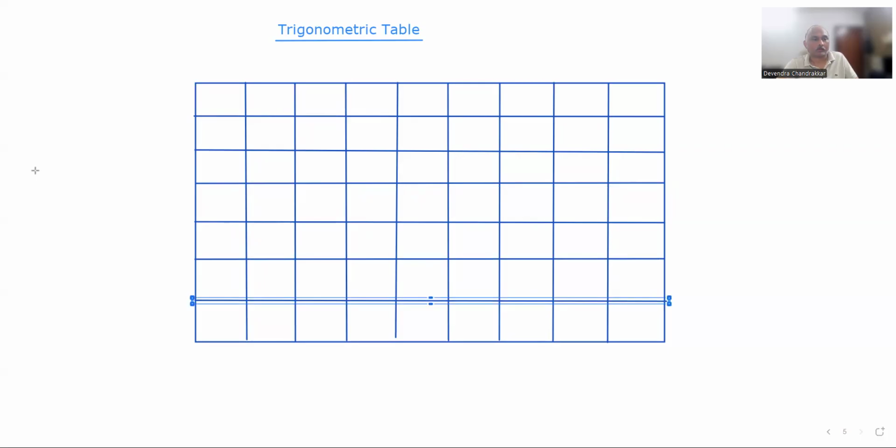Chalo. Let's write it quickly. So the first column is of functions. We will write the functions here, right? These are the angles, 0, 30, 45, 60, 90, 180, 270, and 360.